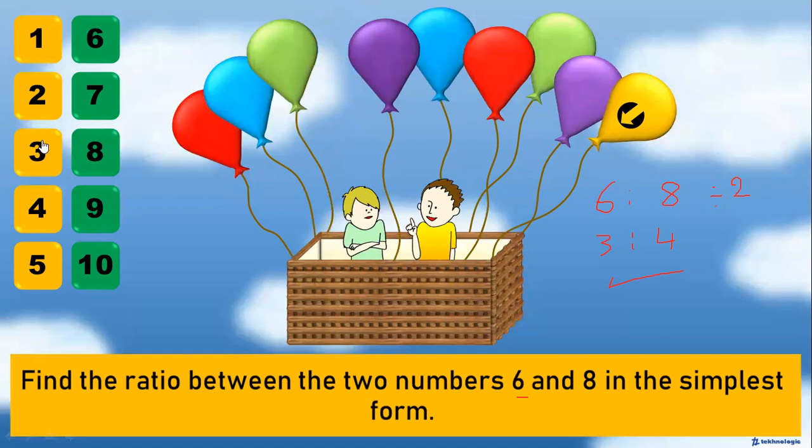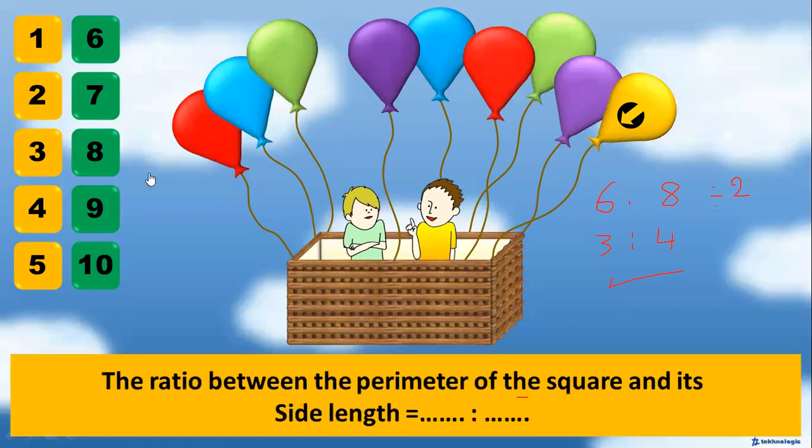Let's take, for example, number 4. Here we ask you the ratio between the perimeter of the square and its side length. We know that the perimeter of the square is 4 sides. And what about the length?